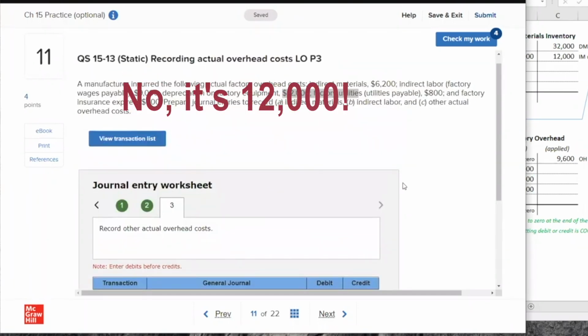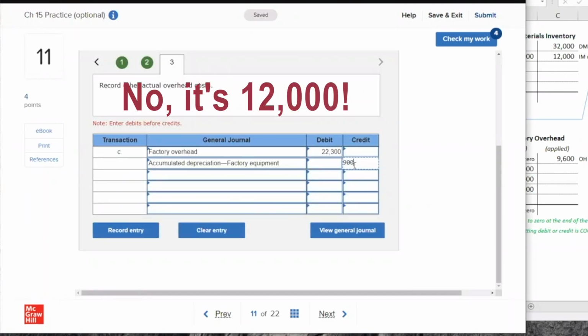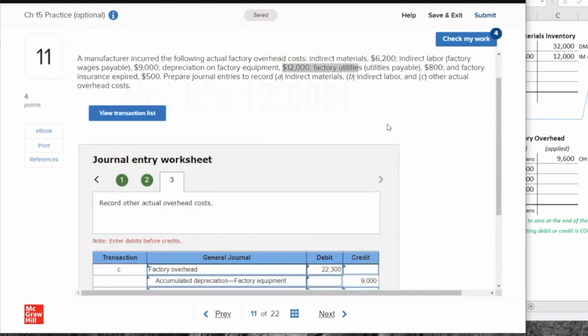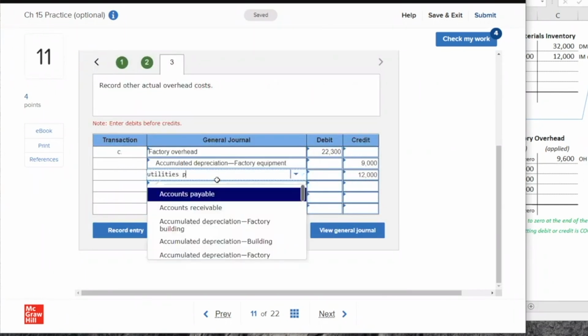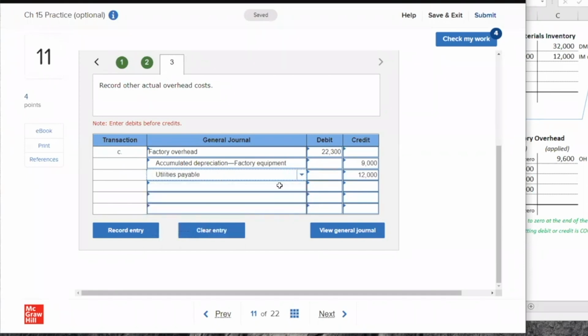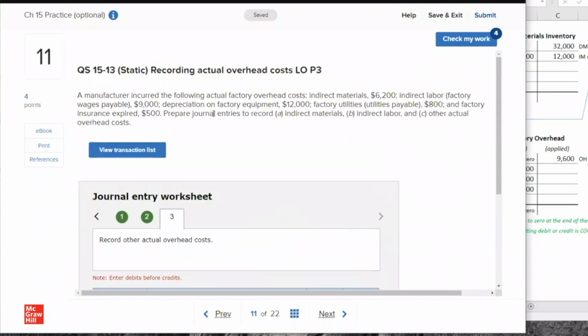Yep, 9,000. And then for utilities, we haven't paid it yet. So we got the bill, we haven't paid it yet. So it's utilities payable, 12,000. And then we've got factory insurance, 500.